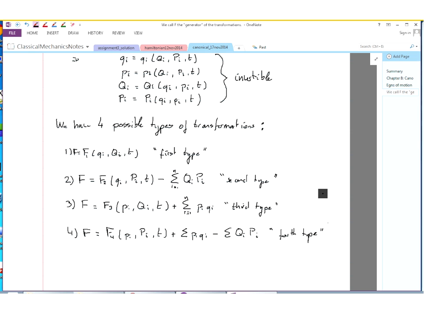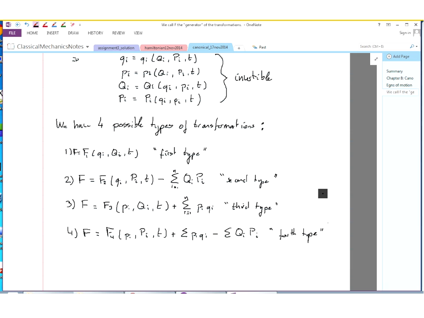The capital Q's and capital P's could have crazy units that have absolutely nothing to do with coordinates and momenta. We're just calling them Q's and P's to keep the familiar notation, but they're not necessarily at all associated with coordinates or momenta. So the powerful statement here is that we can choose some pretty odd-looking coordinates to describe a system mathematically that's equivalent to using coordinates that we feel good about, like x and y and px and py.